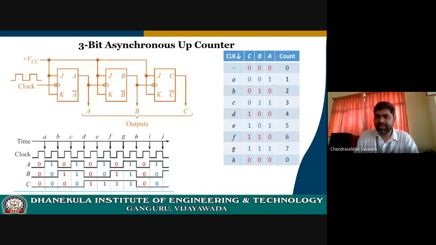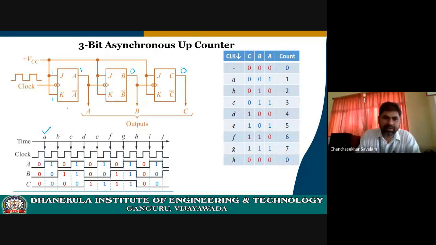What is the present state here, students? QA is 1, QB is 0, QC is 0. Is it right, students? Now we are going to talk about A. So this is actually 1, 1.